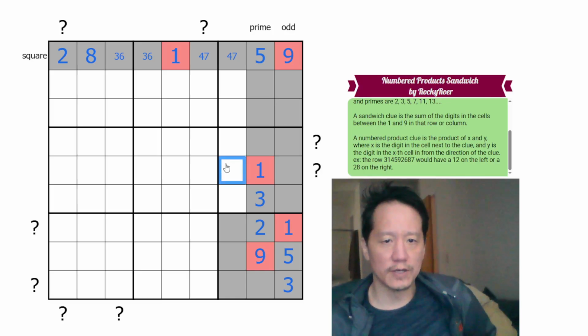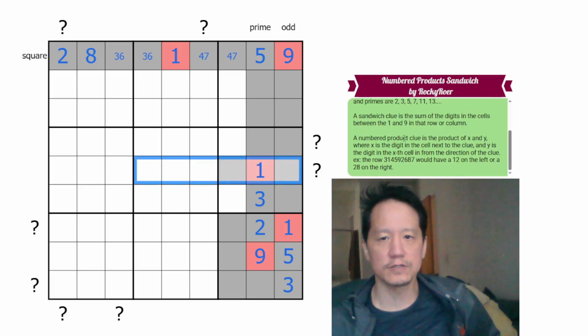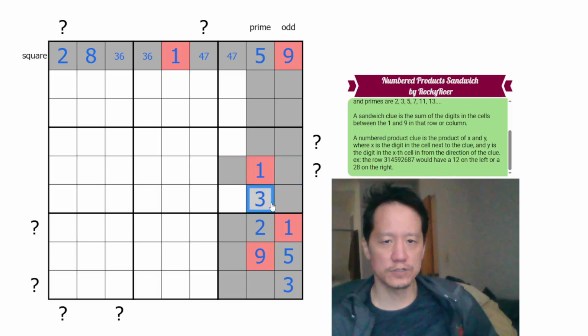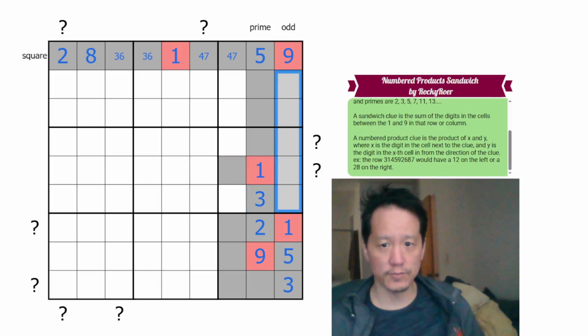This cannot be the 9, though, because if that were 9, the sandwich clue would be 0, but you can't have a number product clue be 0 at all, because there's no 0 in the digits. This has to be, what, 2, 4, 6, 7, 8. That adds up to 27. That's fine.